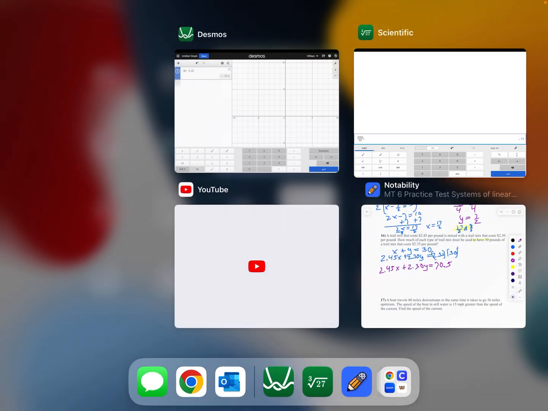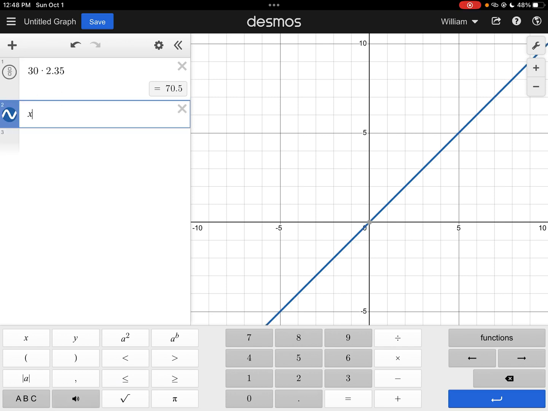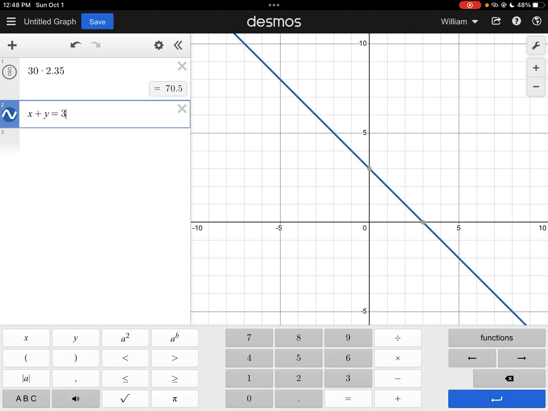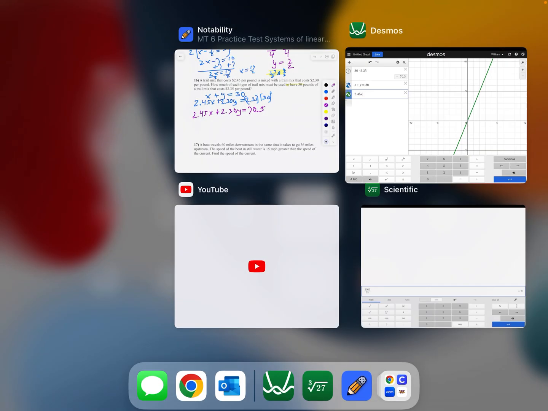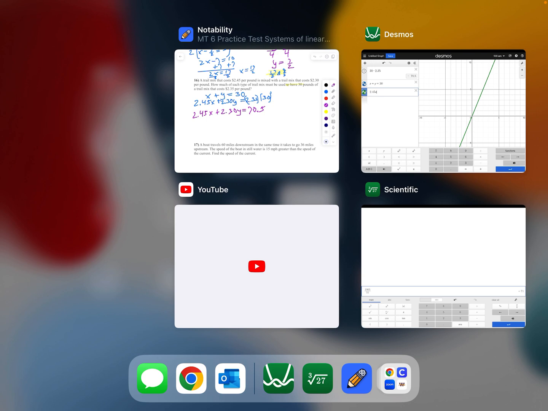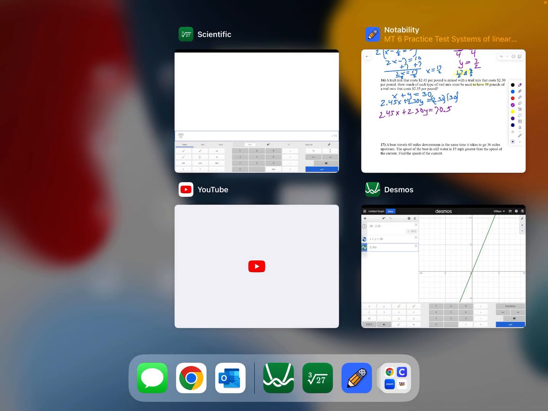Whoops, I want my graphing one. So x plus y equals 30. My second one is going to be 245x. Let's go back and double check that. 245x plus 230y.